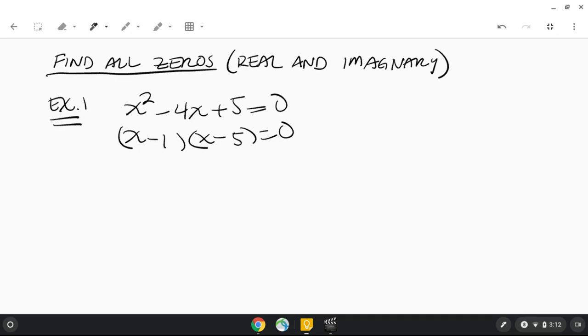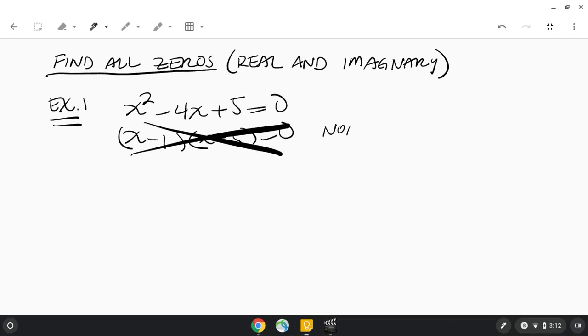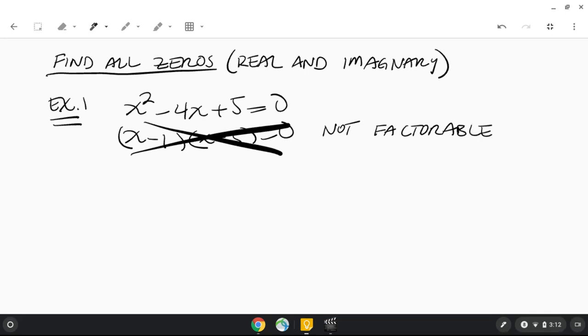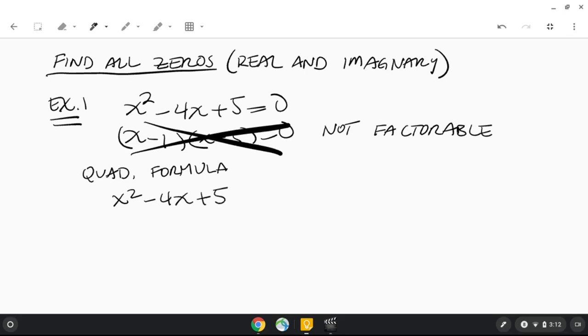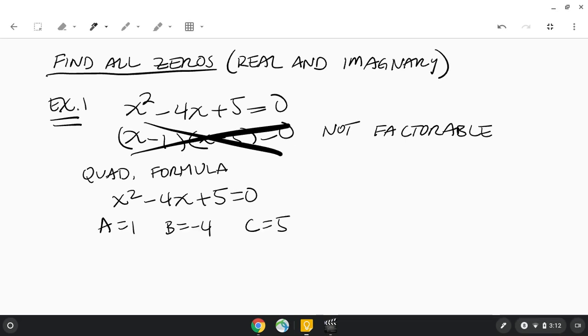So this tells me it is not factorable. But it is a degree 2, so I can use the quadratic formula, where a is 1, b is -4, and c is 5.